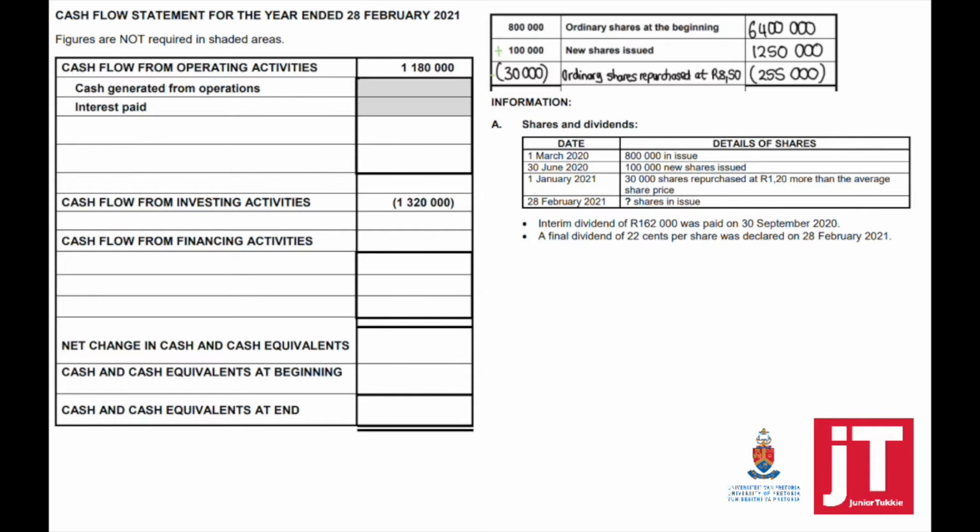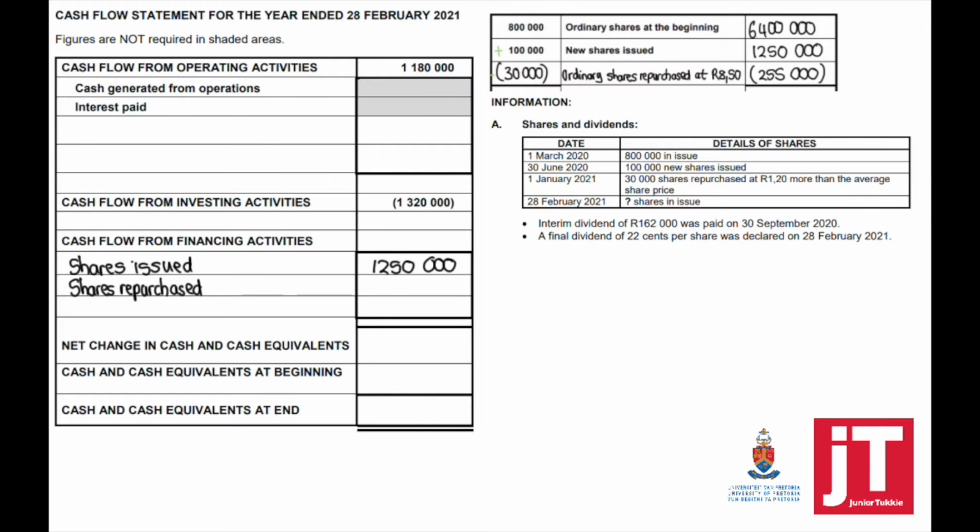Here, we've calculated that the new shares issued were 1,250,000. Because it's an inflow, no brackets. This is very important that you get it right in the cash flow statement. Shares repurchased. Now you need to be careful. When we look at the cash flow statement, it's always the total repurchase price.